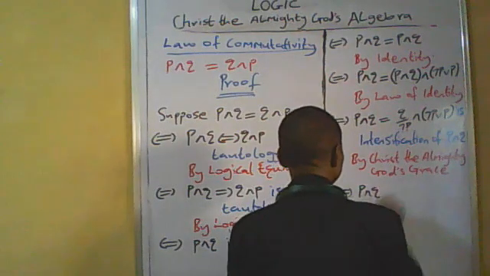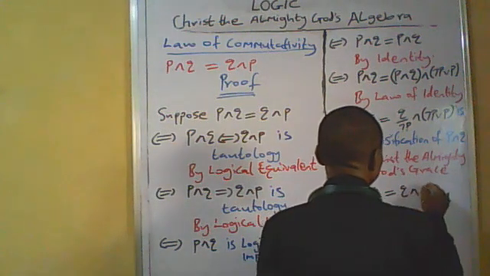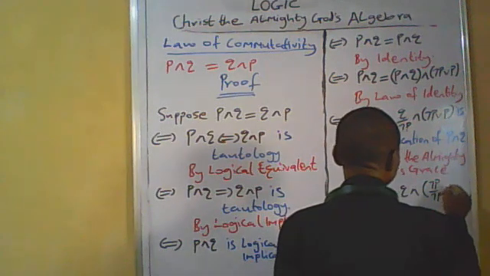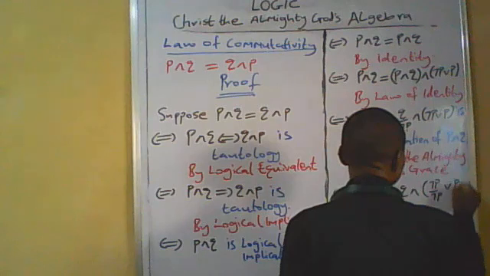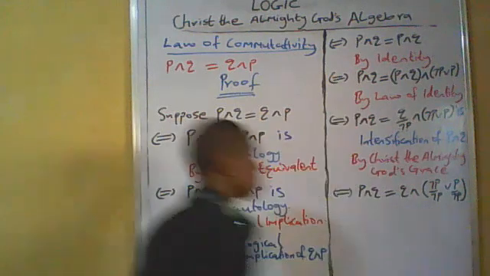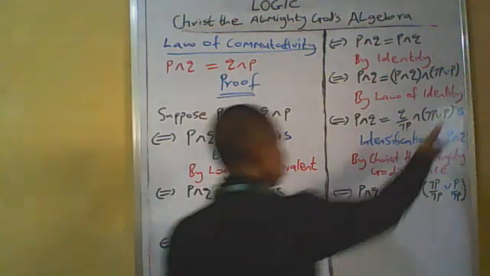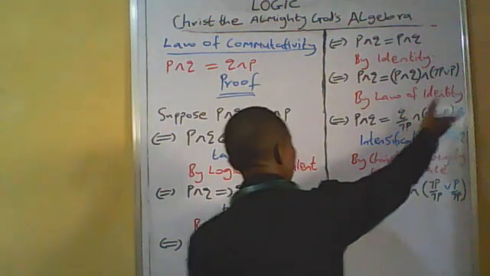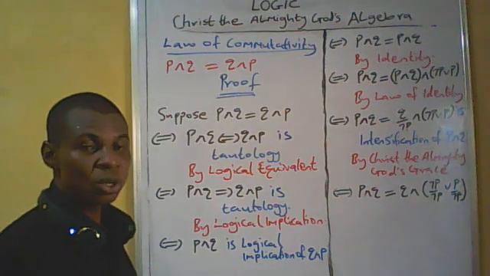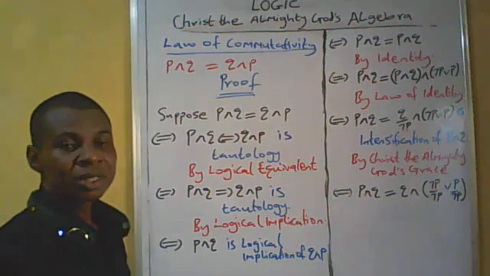P and Q is equal to Q and bracket not P upon not P or P upon not P. You see that you have now distributed this implication to the second conjunct. That means not P or P. As I distributed, this not P has now distributed to the second conjunct.